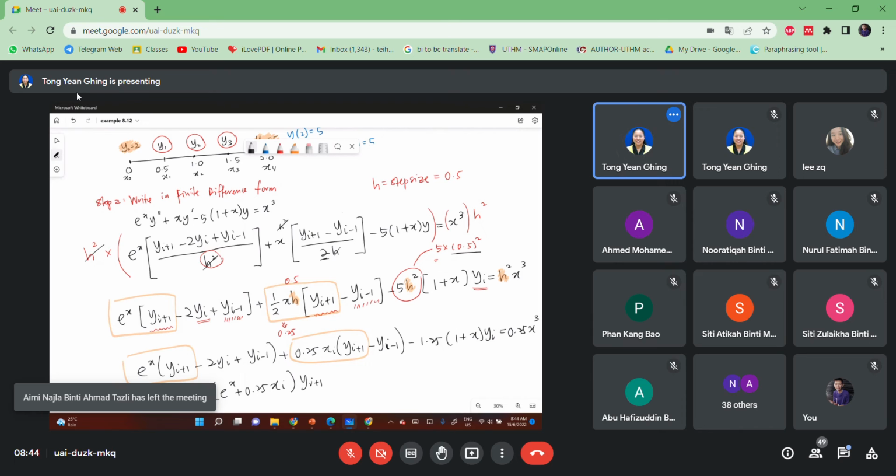Lepas tu I want to find yi pula. Plus, okay. So yi, I have this one. This one, right? Negative 2 times with this one, e to the power x. So here become negative 2e power of x.